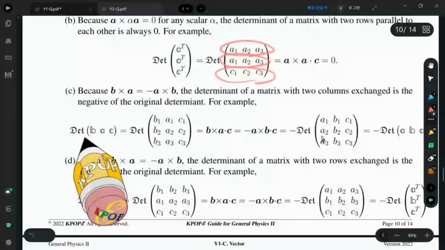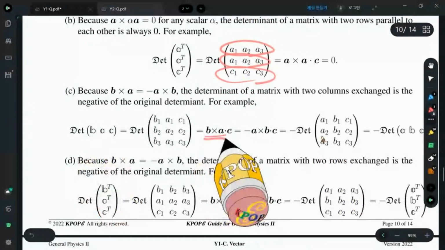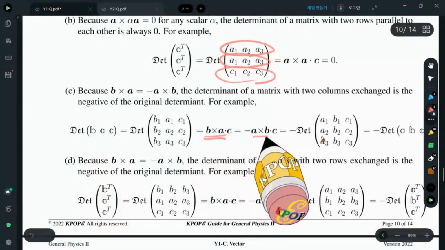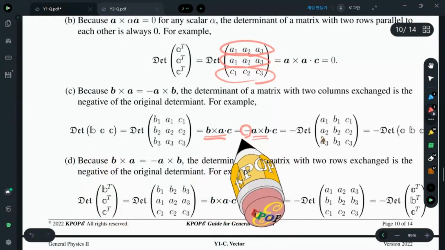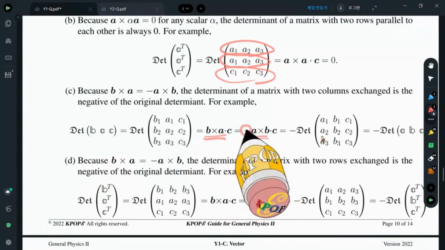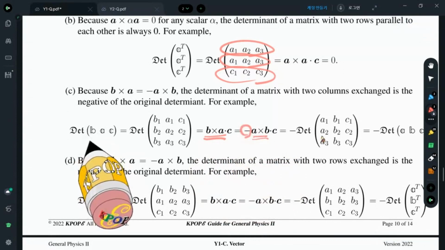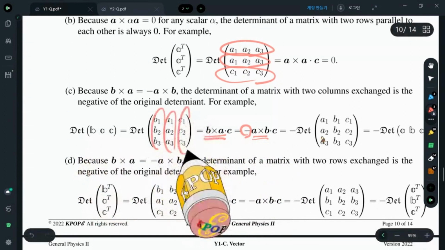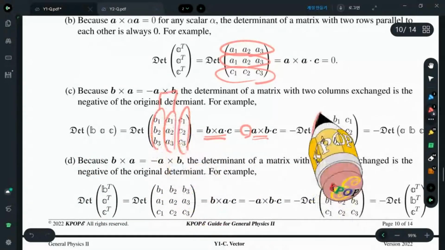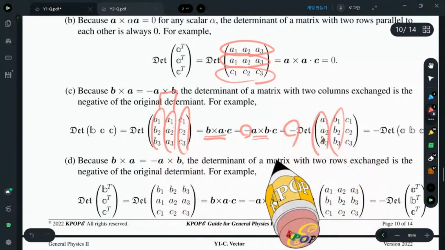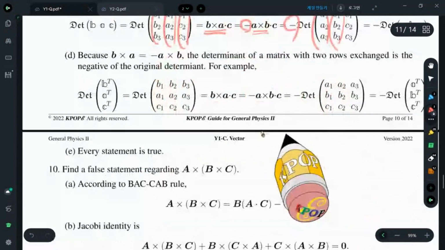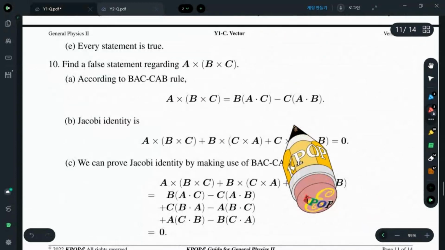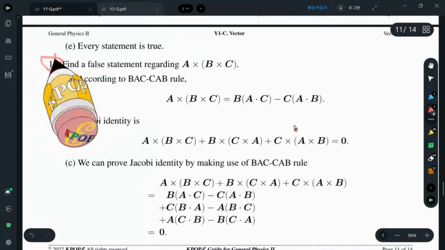If you exchange the order, from the definition of the cross product, B cross A is the same as A cross B up to sign. Therefore, the determinant of a matrix with the order B, A, C as columns, if we exchange these two, A, B, C, then we have a negative sign on it. This is a simple training for determinant calculation, and this is very important.